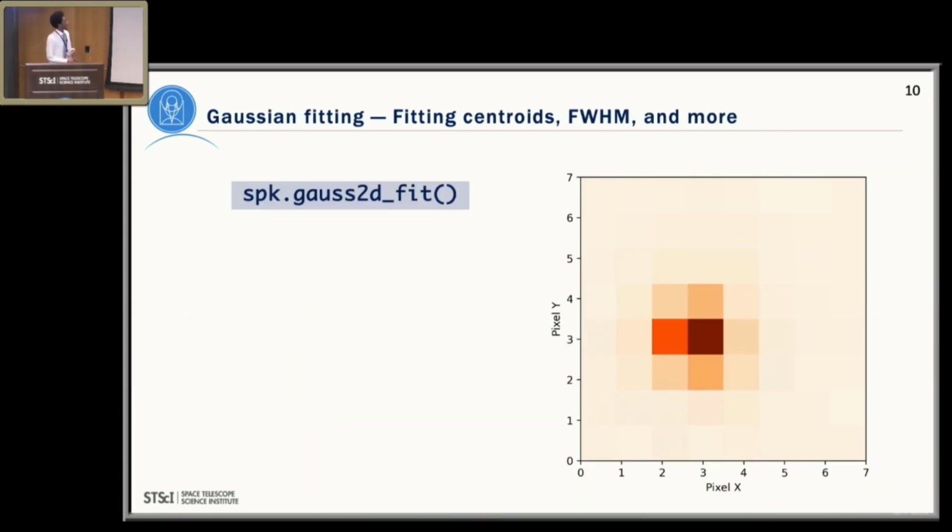After that, there's more things you can do with just the guide star data. With each of the frames, you can fit 2D Gaussians to get more out of your guide star data.